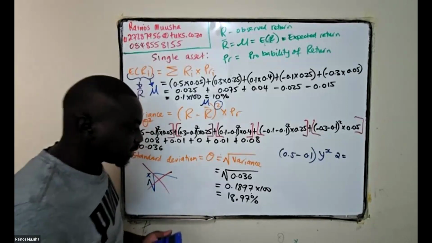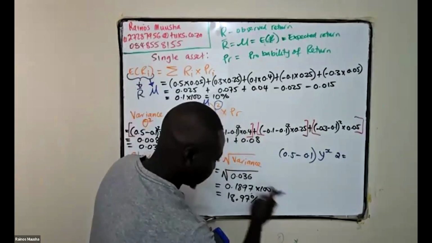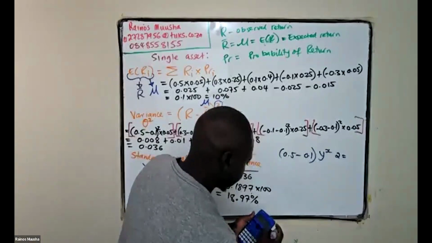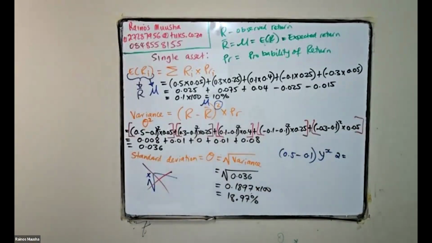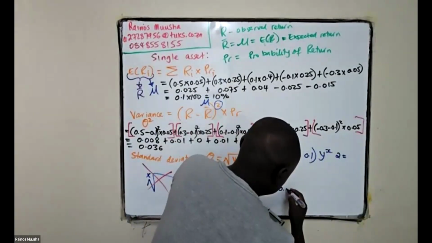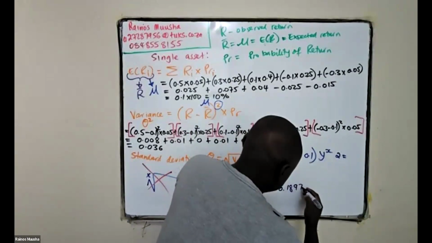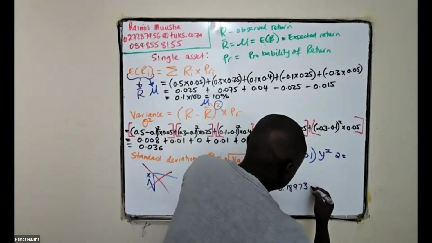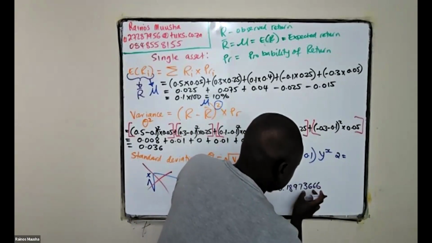If you round it off to 8 decimal places here, you'll be getting a figure of 0.18973666368.